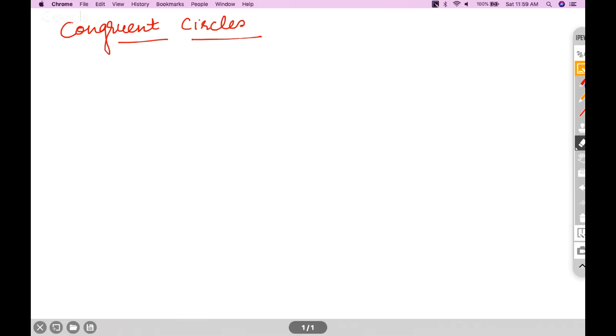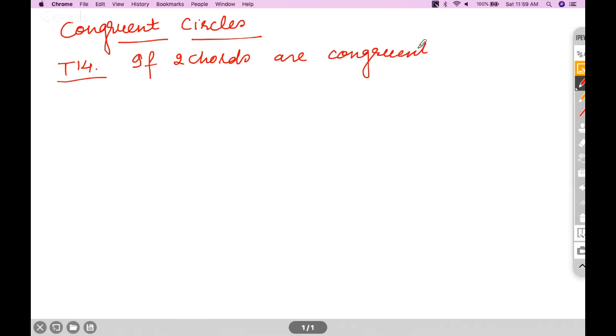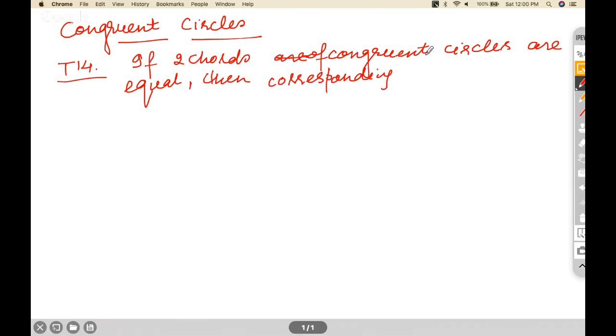The next theorem that you have to prove is theorem 14: if two chords of congruent circles are equal, then the corresponding arcs are congruent.